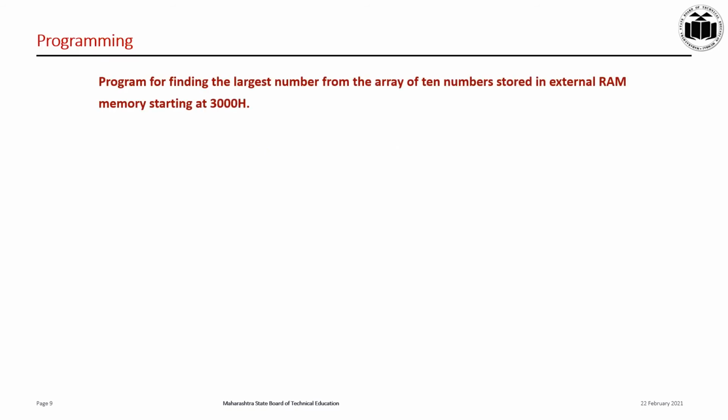Program for finding the largest number from the array of 10 numbers stored in external RAM memory starting at 3000H. ORG 0000H initialize starting memory address. Initialize memory pointer for external memory by using instruction MOV DPTR, #3000H.